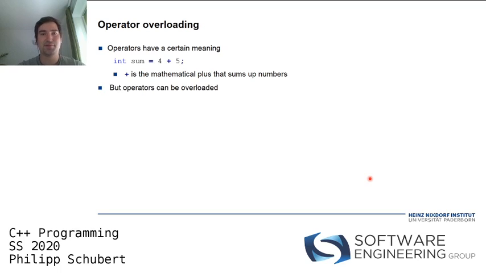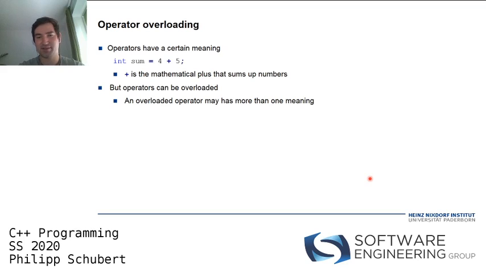But you can also overload this operator plus, or any operator really, or almost any operator. And an overloaded operator may have more than one meaning. For instance, we will see on the next few slides that you can also overload the operator plus for strings. So the operator plus really has multiple meanings.